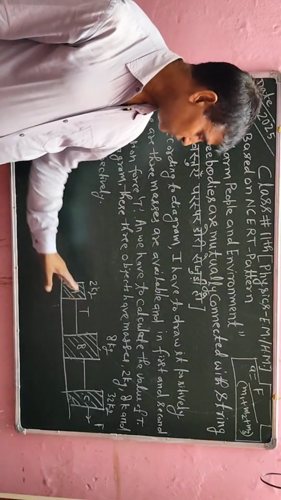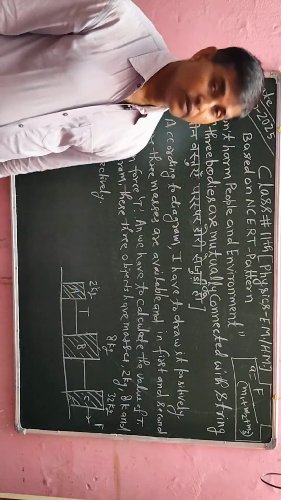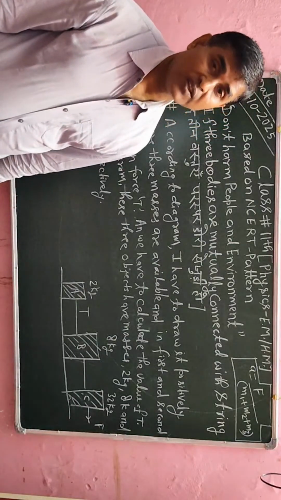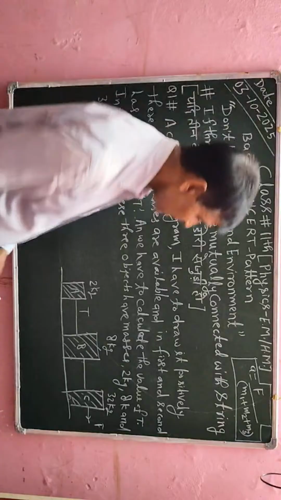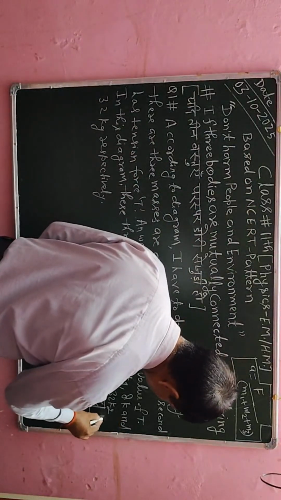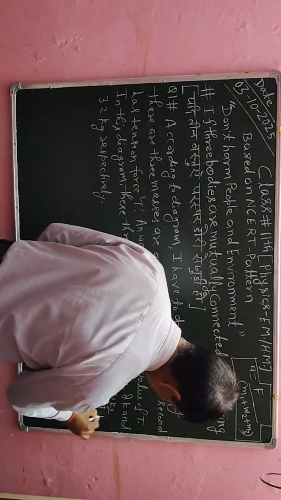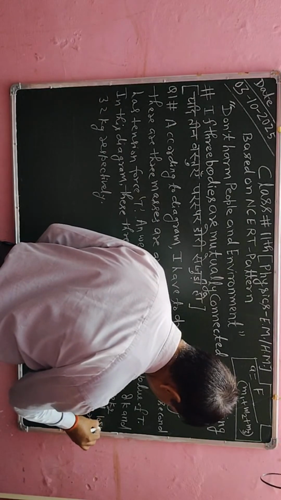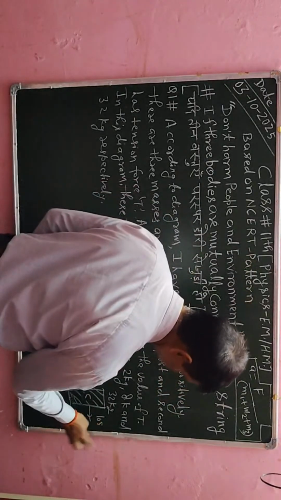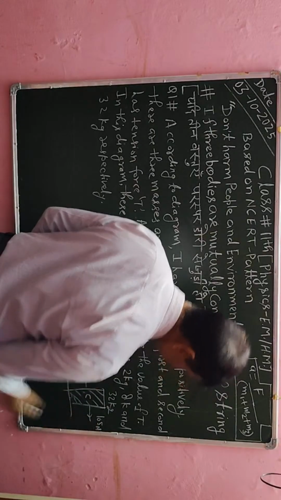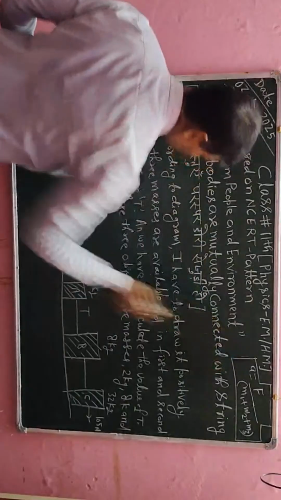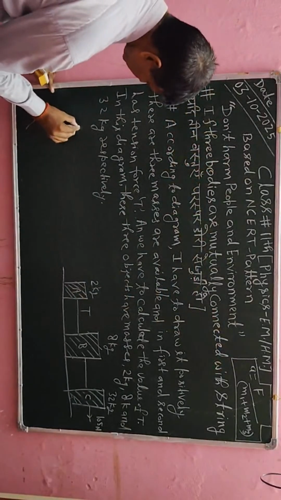So this tension will be 2 kg into the value of acceleration, and the value of acceleration can be obtained by using the formula. Here the force has value 105 Newton. With 105 Newton force I have applied to move these three objects. So I will use this concept to find the value of acceleration, that is a.